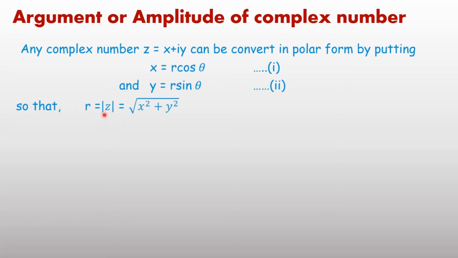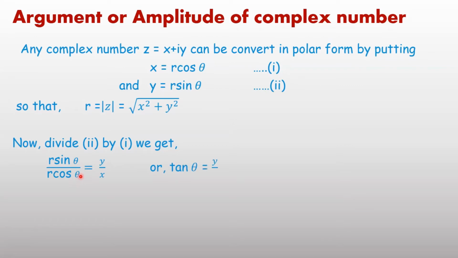So that r equal to mod of z equal to under root x square plus y square. Now divide second by first. You will get r sin theta upon r cos theta equal to y upon x. r cancels out here, tan theta equal to y upon x.